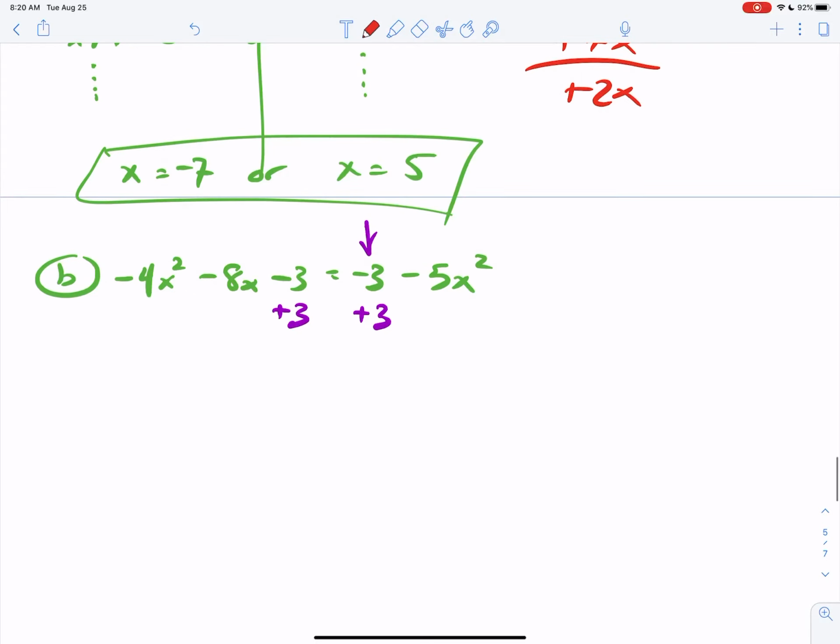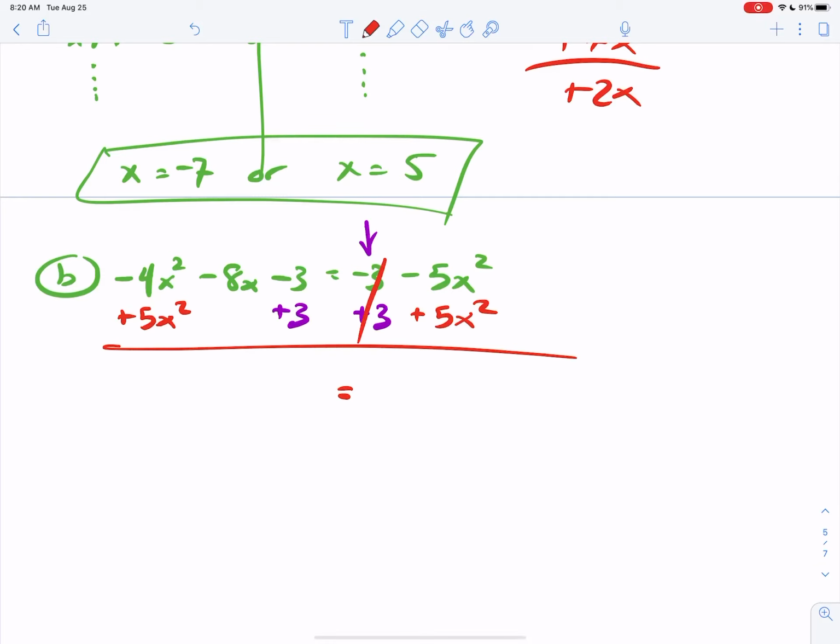And then this negative 5x squared, the opposite is going to be positive 5x squared, and I'm going to put it right here where the quadratic terms are. I wouldn't put it here because that's where the linear term is, all right? Okay, so the right-hand side, notice how everything goes away, so you're going to be left with a giant 0.